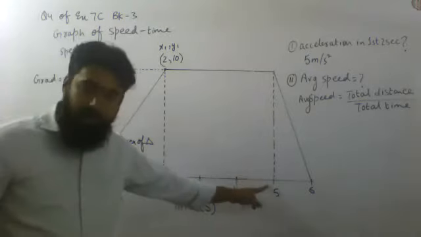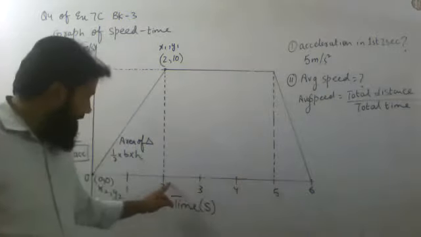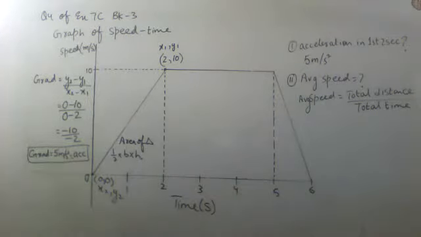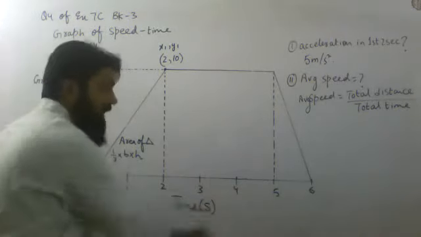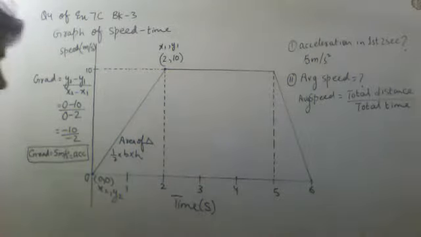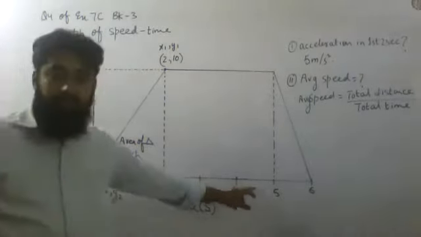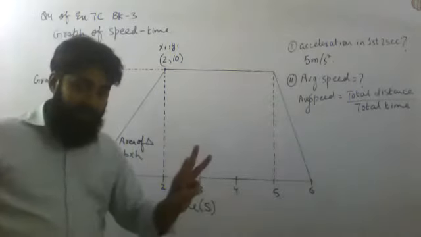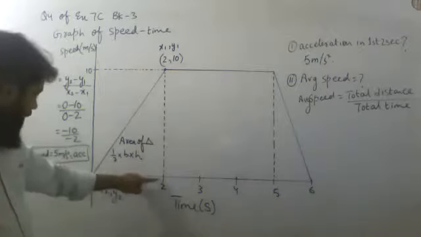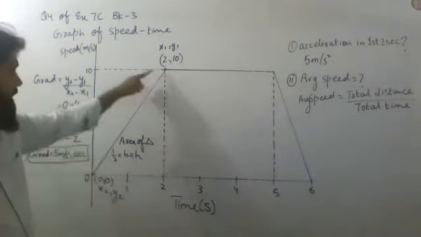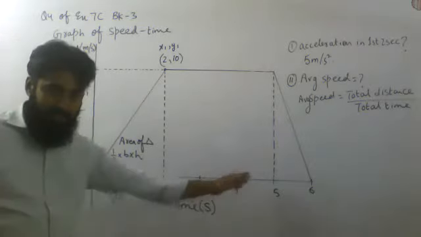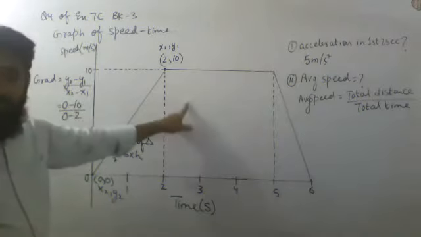Starting from 2 ending at 5, it is from 2 to 5, so the difference is 3. And from this point to this point, from 0 till 10, this length is 10 and this length is 3. So this is a rectangle.